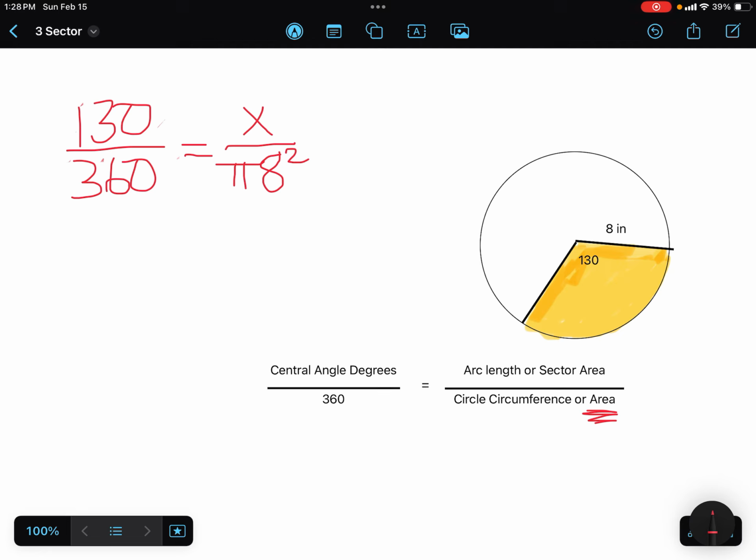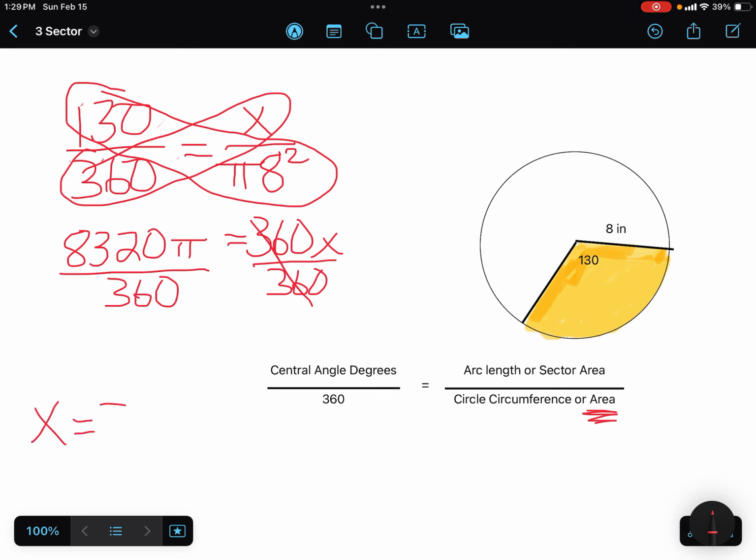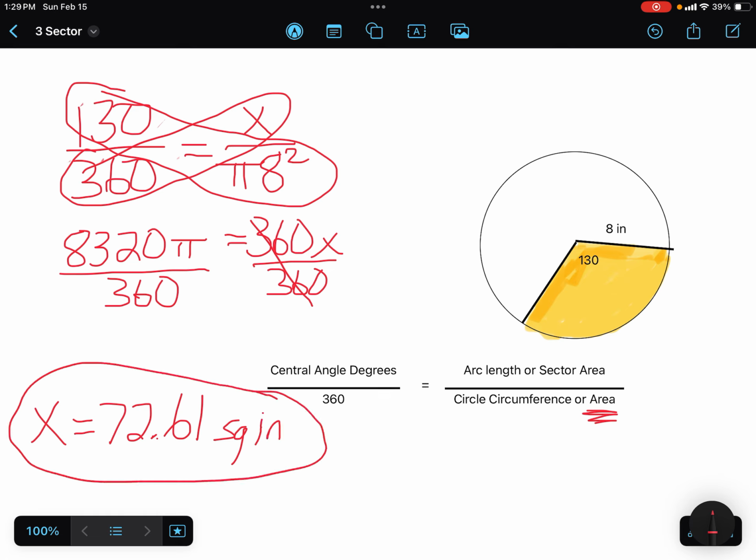In this case, when we cross multiply, we wind up with 8,320 pi equals 360x. Again, we're going to divide both sides by 360, and we wind up with x equals 72.61. And this time it's in square inches because it's a measure of area.